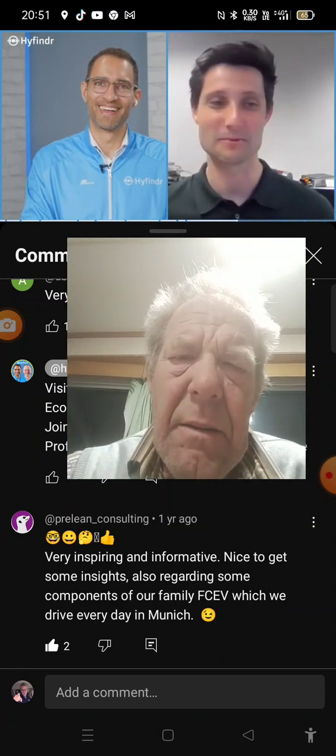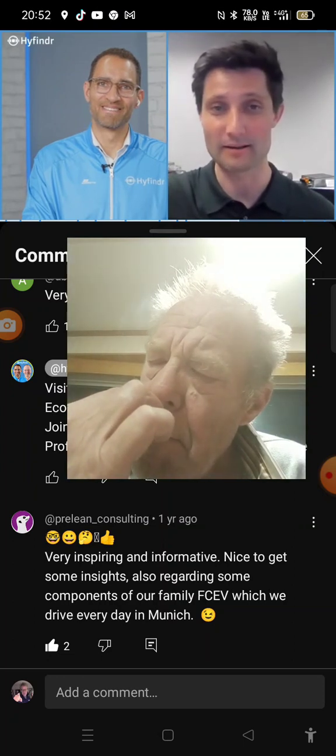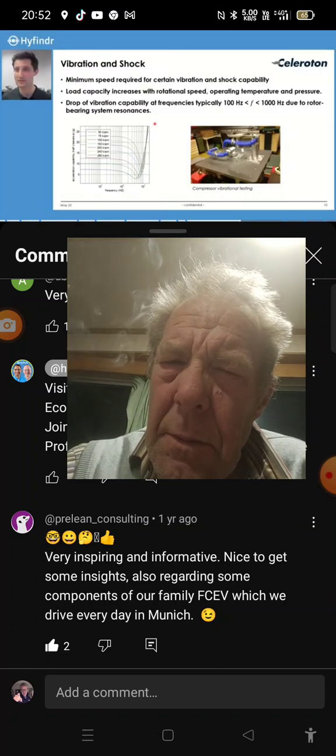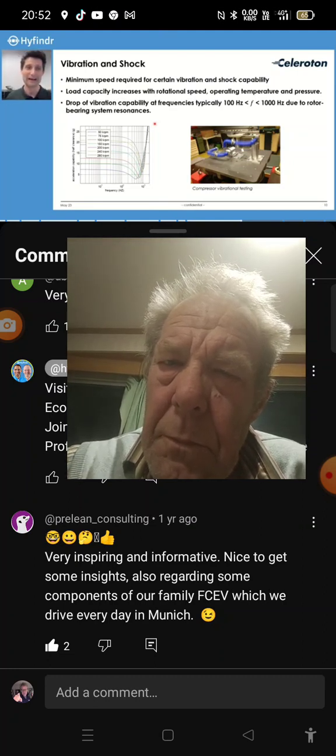When I talk to other engineers, it's always surprising to them that this type of gas bearing, I can briefly show you another image, actually has stiffnesses which are comparable to ball bearings, which is for some people very surprising. How does it work?